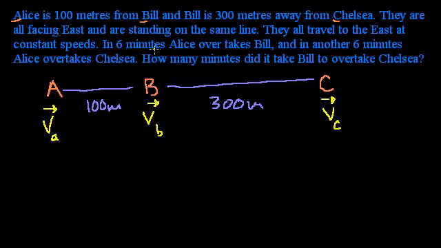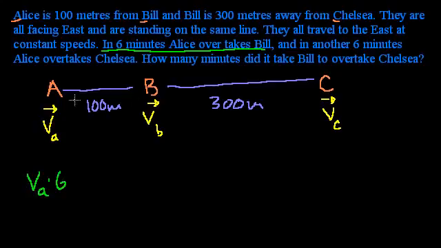They all travel to the east at constant speeds. In 6 minutes, Alice overtakes Bill. So what has to happen? Let me do this in another color and write down what that equation would look like. So I'll do it in green. In 6 minutes, Alice overtakes Bill. So this tells us the distance that Alice travels in 6 minutes. It would be the velocity of Alice times 6.